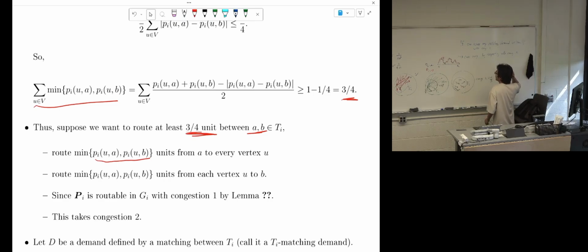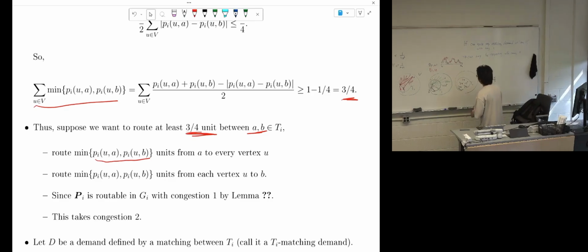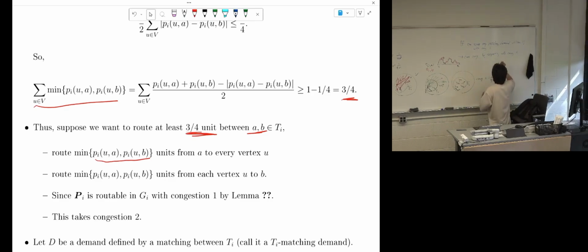Why? Because actually, if I take any, let's say, respective demand, D. So why is that?